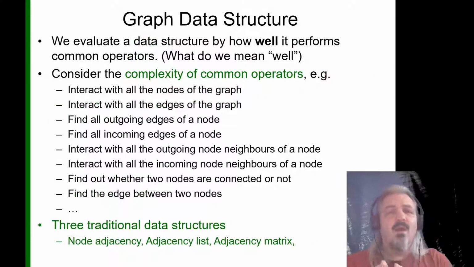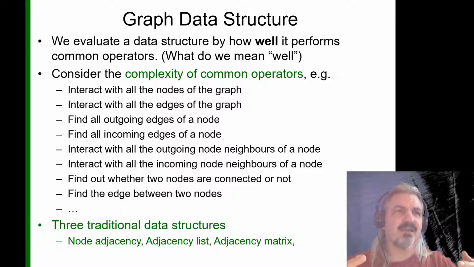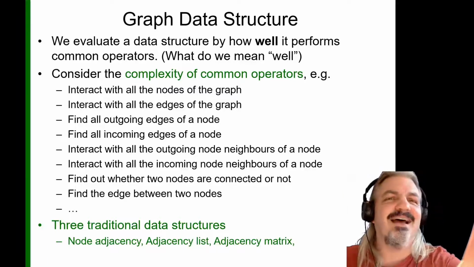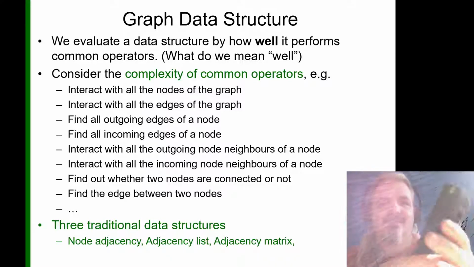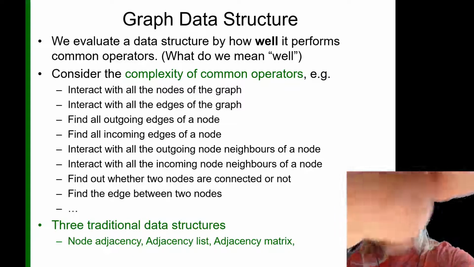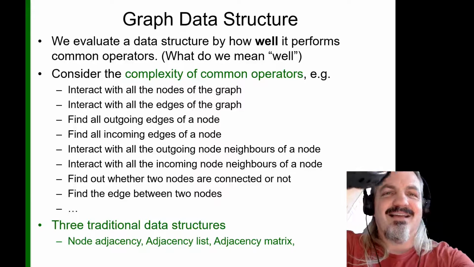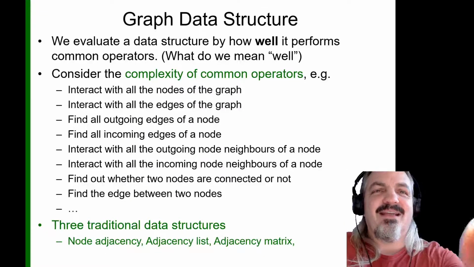Okay, so when we look at a data structure, when we talk about what's a good data structure and what's a bad data structure, and there you are, you're seeing, that's what I have to do. Let's put a sun shield up next to the camera, and hopefully that will be able to prevent me.